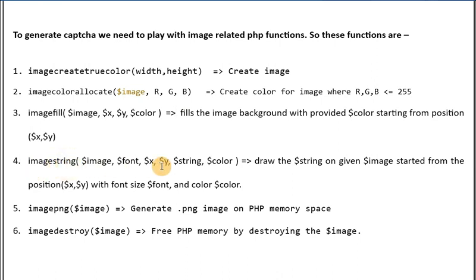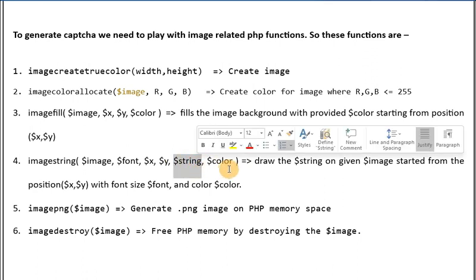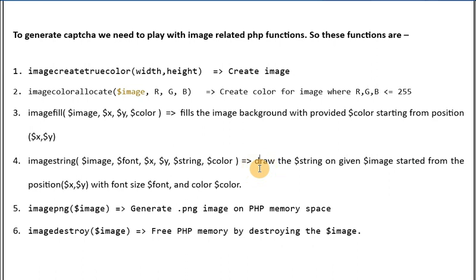This function is basically used to draw a particular string. Let's suppose we have some captcha, like you have seen on a banking website and other websites as well. There is some random captcha string coming, a few letters and a few digits also. That is a form of string, and that string we are going to write on the image.